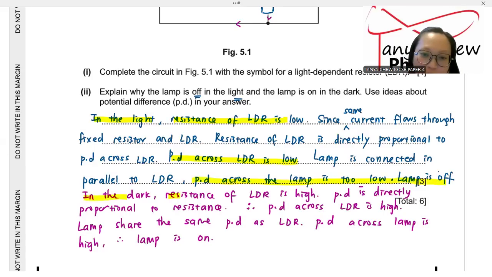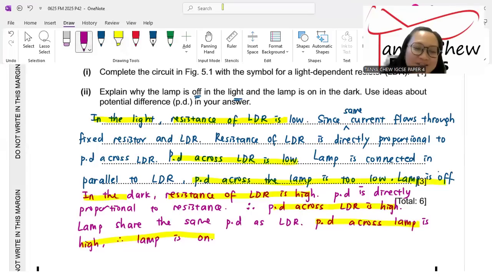In the dark, resistance of the LDR is high, so the PD across the LDR is also high. And since the lamp is connected in parallel to the LDR, the PD across the lamp is high. That is why the lamp is on. So just a few things that you need to write down. That's all. I hope you understand from my statement. But if you do not understand, just comment below.